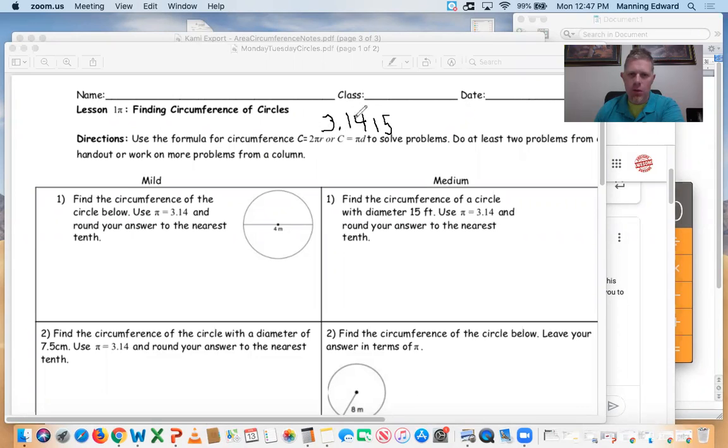So 10th would be this one right here with the 1. So if I want to round it to my nearest 10th, I should get some number, point, some number, and then I'm going to stop right there. Now you could have a 2-digit number too.